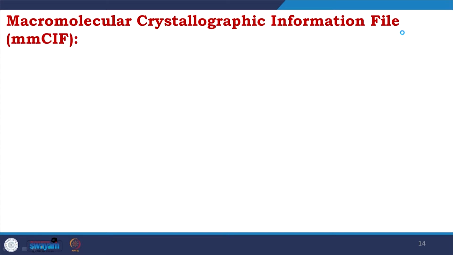mmCIF, which is of our interest, is macromolecular crystallographic information file. So, the term is for macromolecular, then crystallographic information file. So, mmCIF, mmCIF.